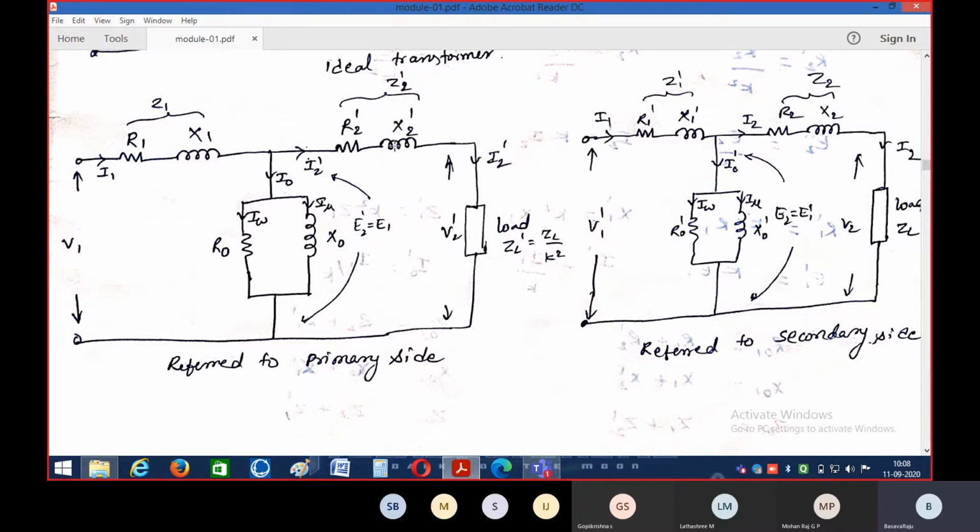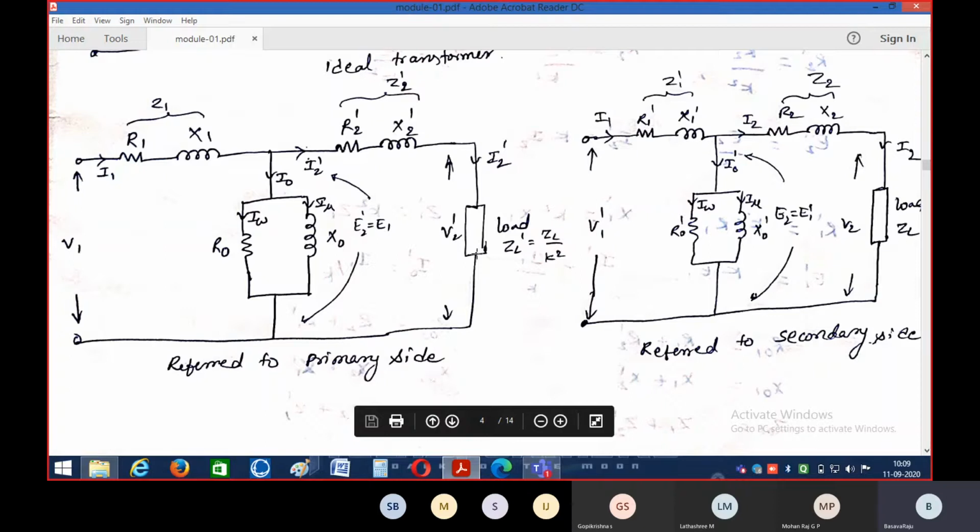So all the elements are represented on the primary side, and we get the complete equivalent circuit with respect to the primary side.